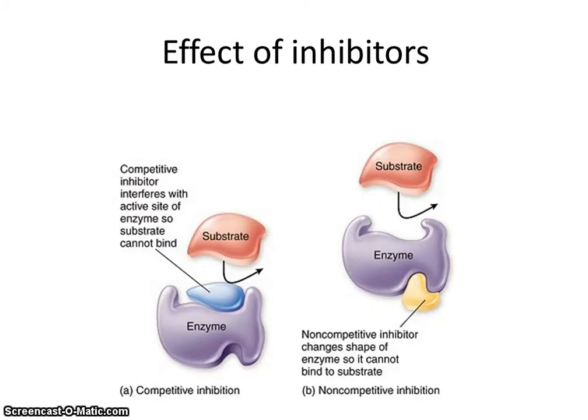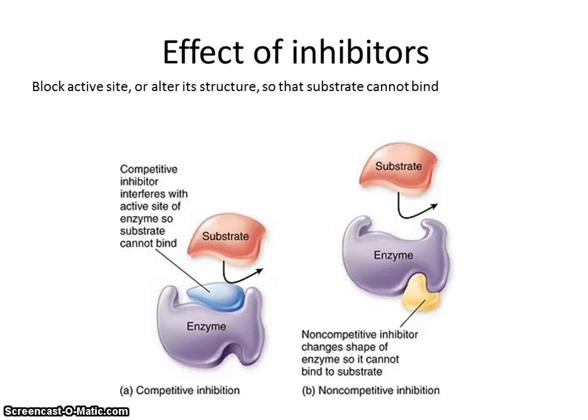This is quite a complex topic in biology, but in chemistry we can treat it much more simply. You simply need to be aware that inhibitors are substances, molecules, that will either block the active site or alter its structure in some way so that substrate molecules cannot bind. The blocking, you can see, is relatively straightforward to explain.